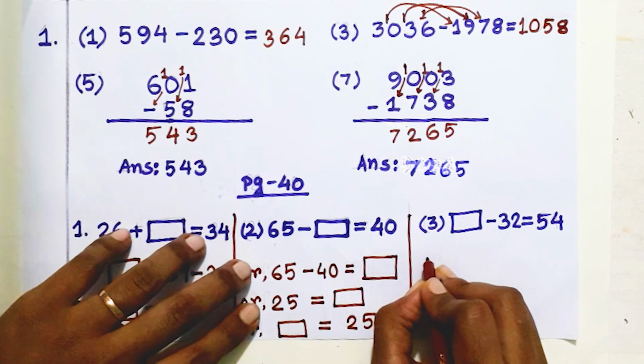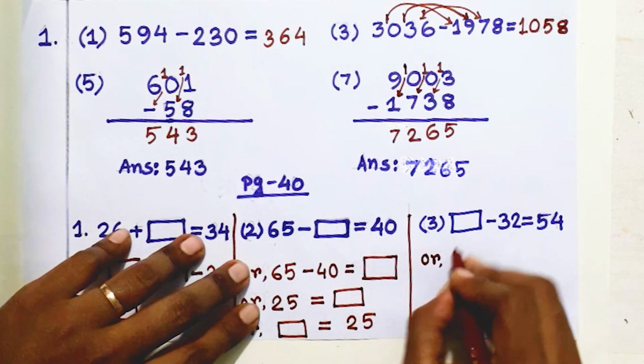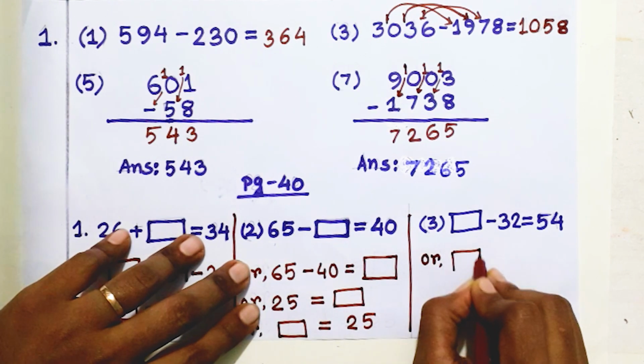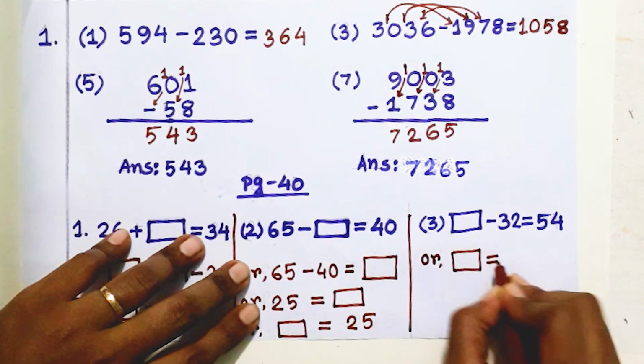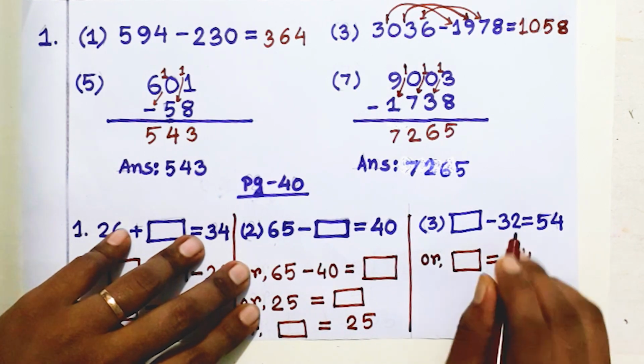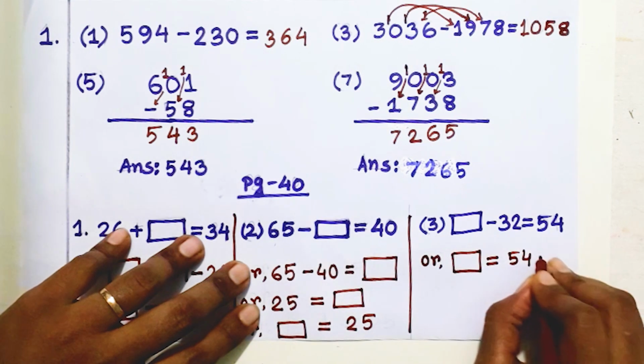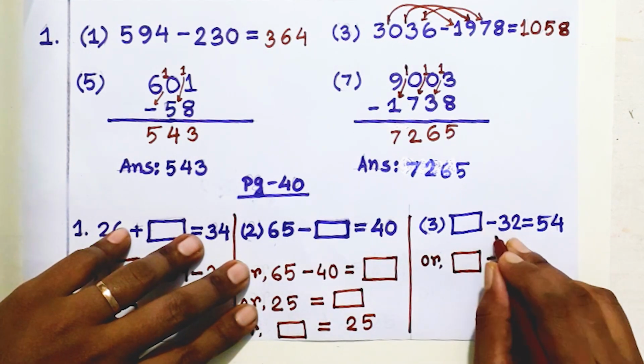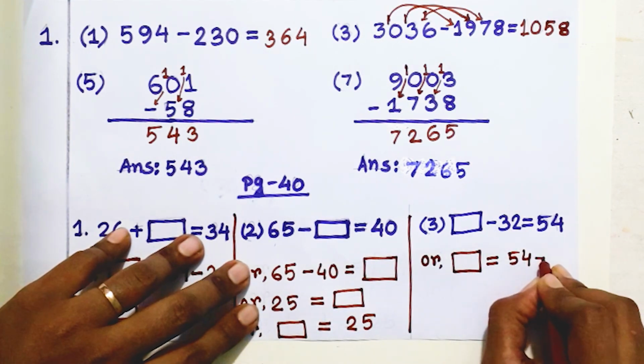Now the last one, write here "or". This box is here, equal sign. First write this 54. So 32 goes to this right side, and this minus converts to plus.